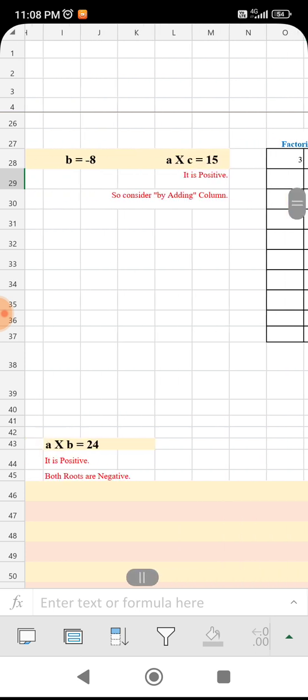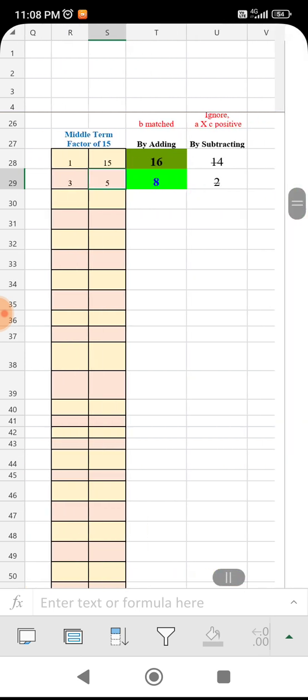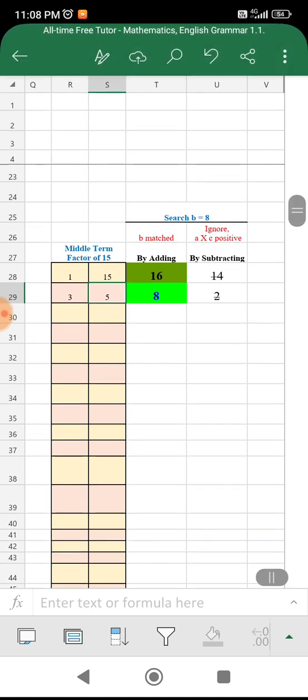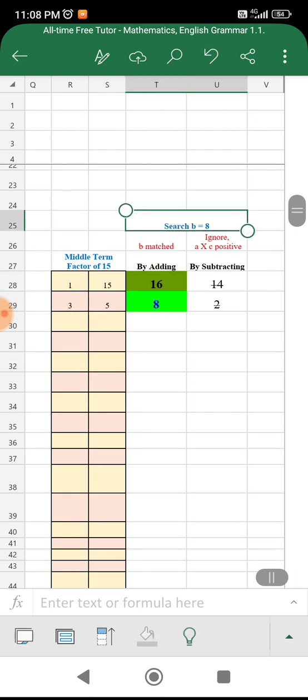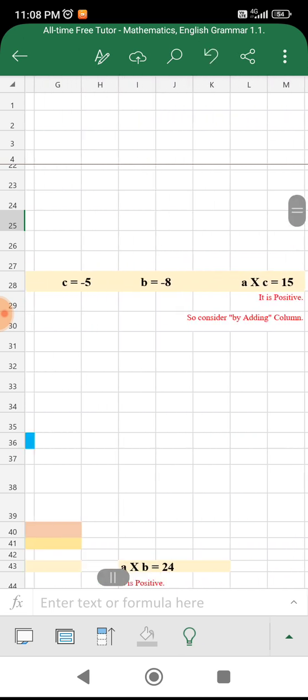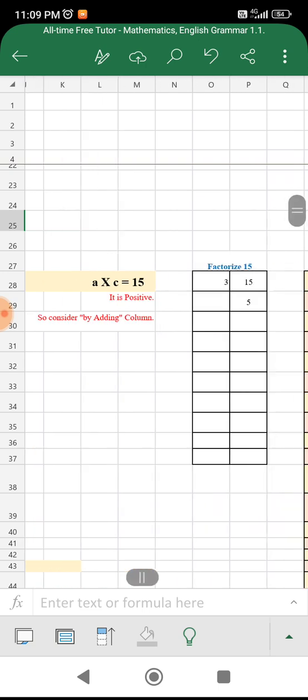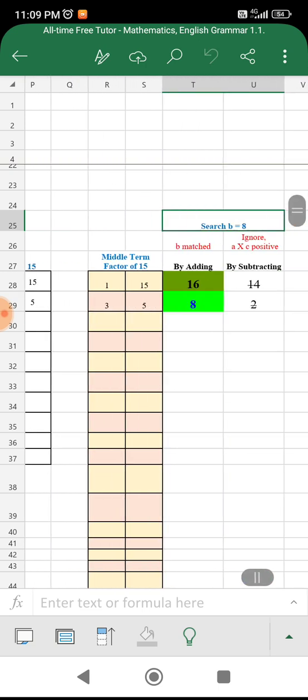Now there are two methods. We have to reach b equals 8. What is the value of b? We know minus 8. But we have to reach 8, plus 8, not minus 8.